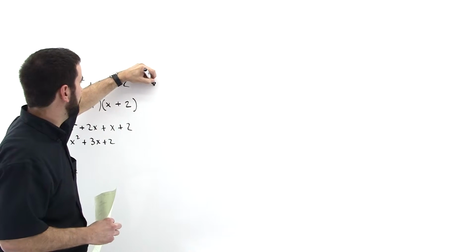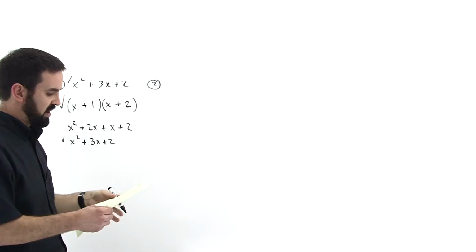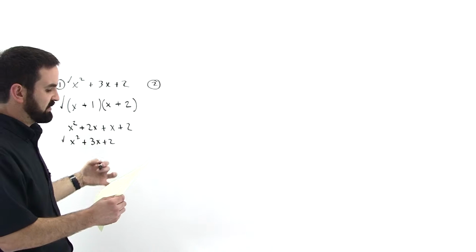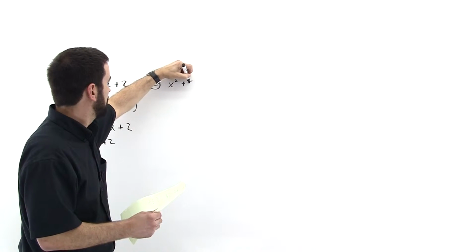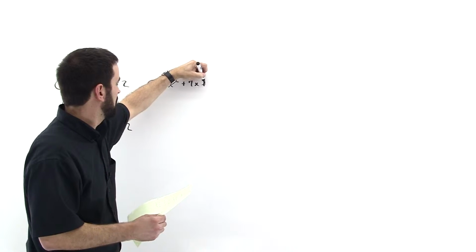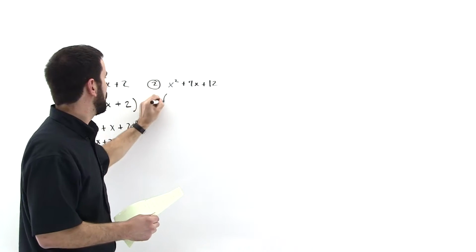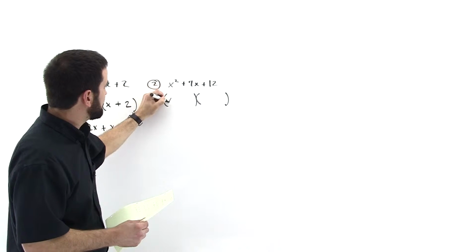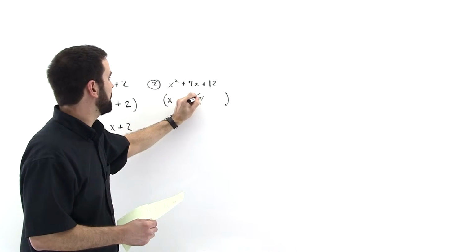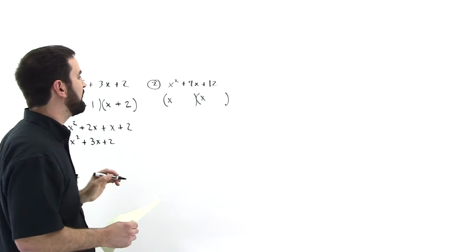For the second one, let's try x squared plus 7x plus 12. Okay, so we have our two quantities here. We know that the first term in each one is going to be x, because x times x equals x squared.